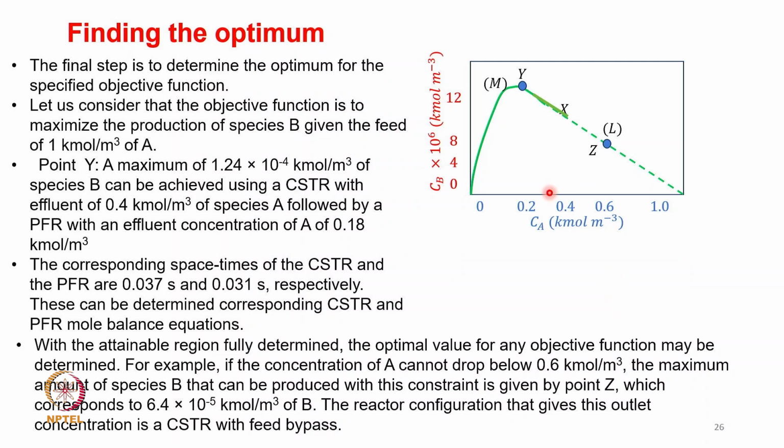And you can also compute the corresponding space time, because you have one-to-one mapping between space time and your individual profiles. That would help you to design your reactor. Once you have the space time, V by V naught, you will be able to find out the volume. This can be determined from the corresponding mole balance equation.